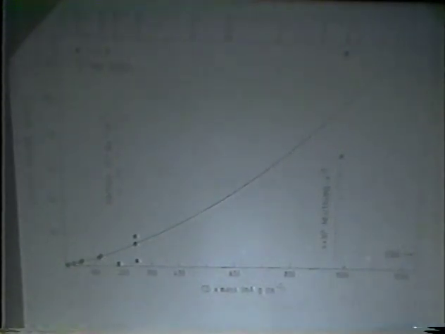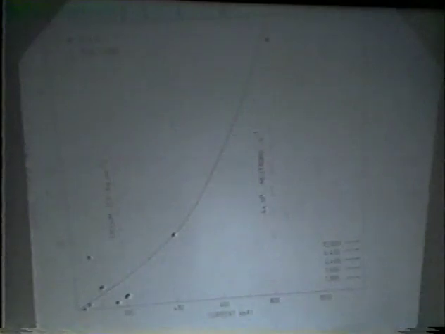Okay, and there's one extra data point at 3,000 odd there. So we bracket the conditions that were used by Fleischmann and Pons. Now, what is reported in their paper is that for this condition of current density and mass, tritium is detected at 1.7 becquerel per cc, very low indeed. And for this particular condition here, a neutron flux of 4 times 10 to the 4th is reported to have occurred in the cell.